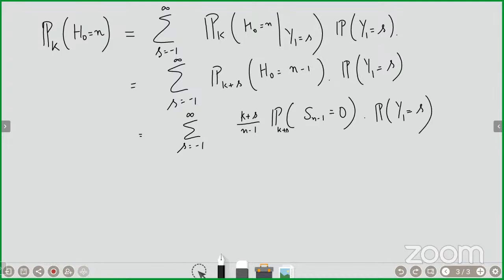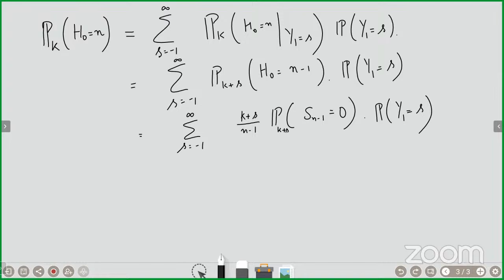But do I need some care going from here to there? You have to at least notice it, to make sure that k plus s is greater than or equal to 0, because probabilities being negative doesn't make any sense.